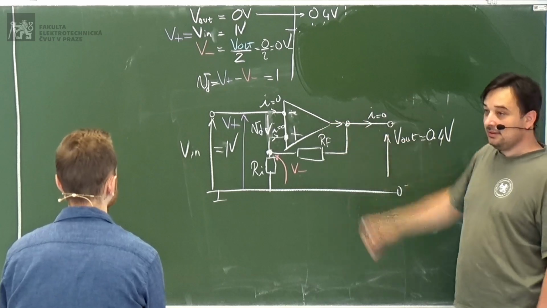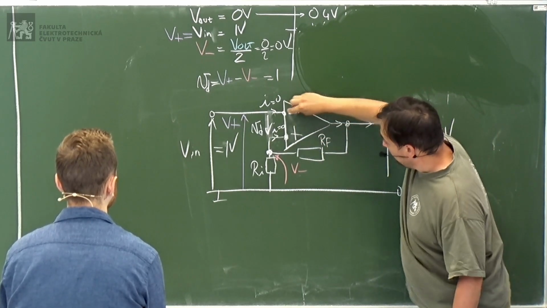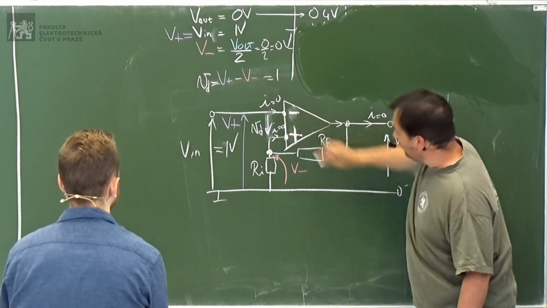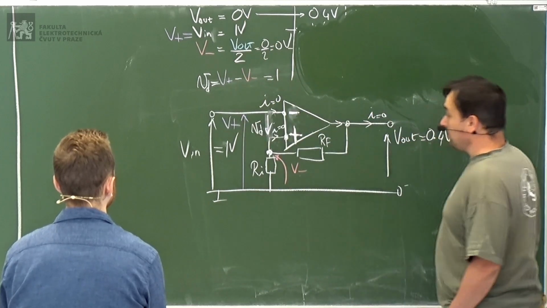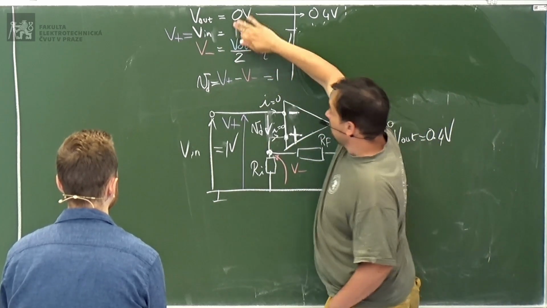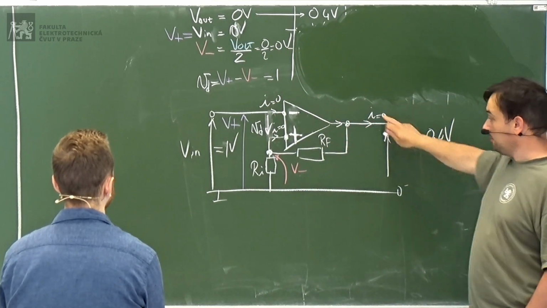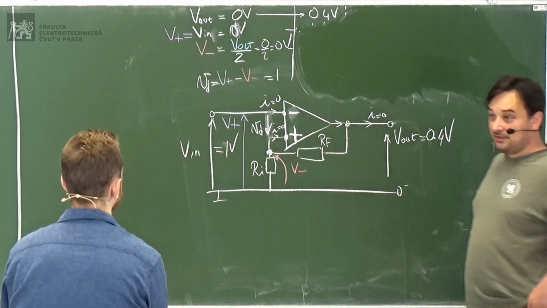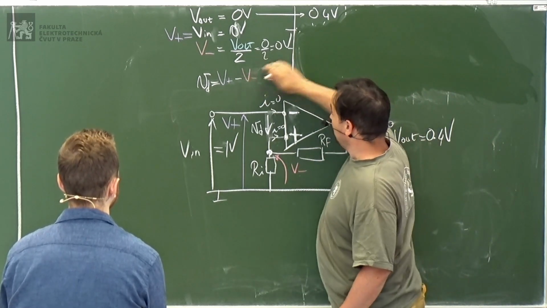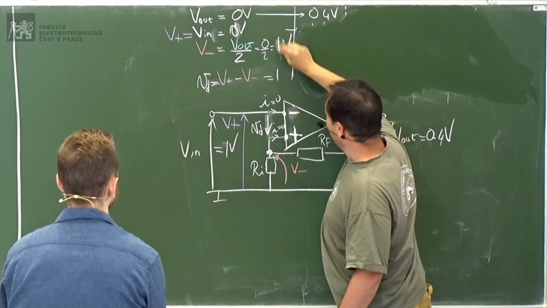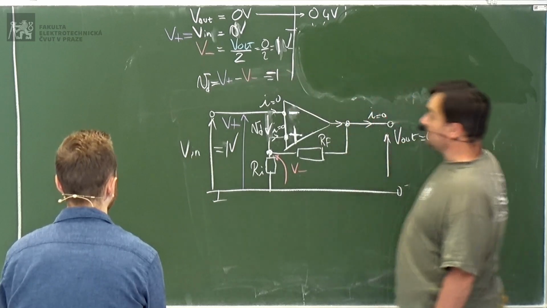Because we flipped the inputs, now we have the negative here and the positive here. The positive input now has 0 volts, because we reversed the polarity. So V negative will be 1 volt, and therefore the difference will be negative 1.